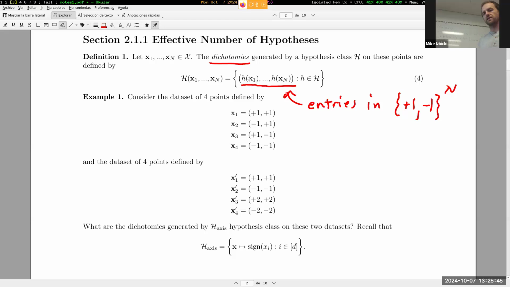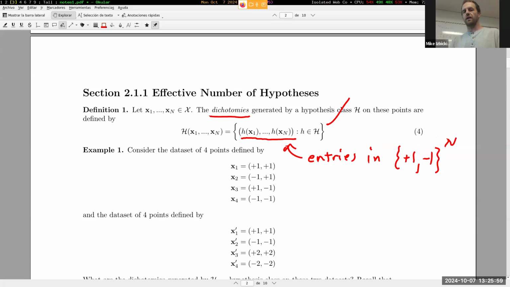It looks like there's h's inside of here. It looks like these should be entries in R to the d, but they're not. The entries in this set are +1, -1 to the n power. And the purpose of putting this in the set notation right here is that the set removes duplicates.